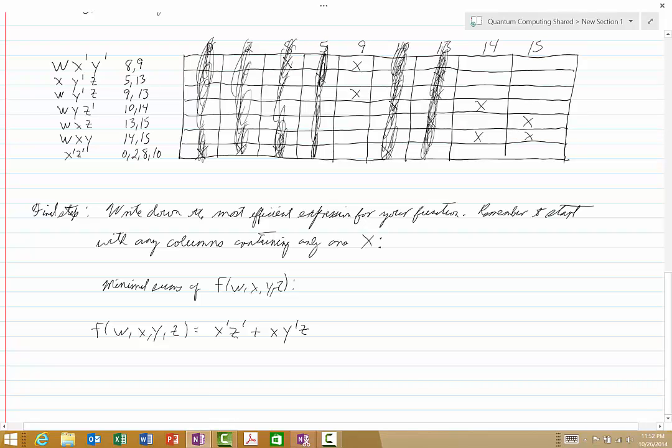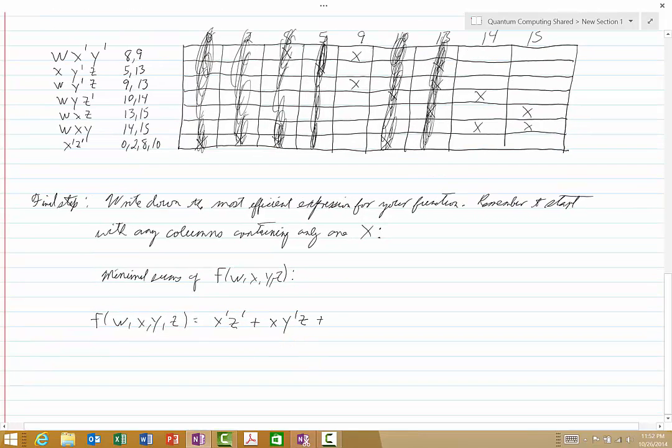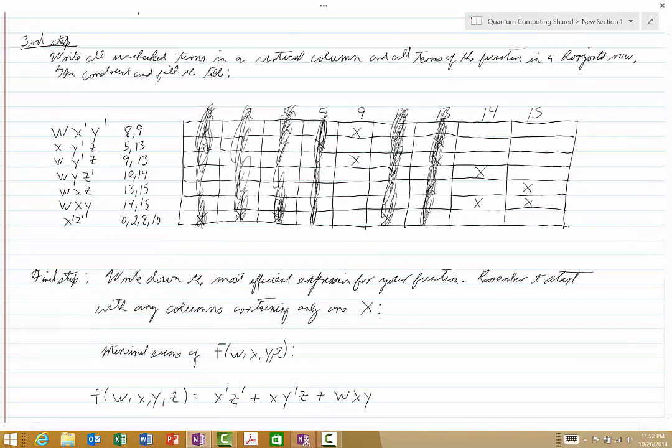But if you choose this 14-15, you'll knock out two terms here. So let's go with that. Let's go with 14-15, which is w x y. So I'll have or w x y. And by choosing that, that eliminates columns 14 and 15.